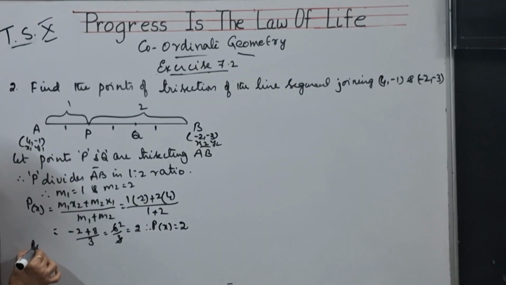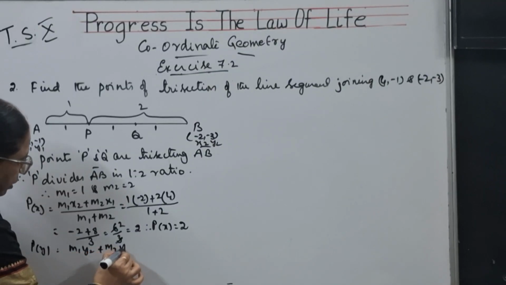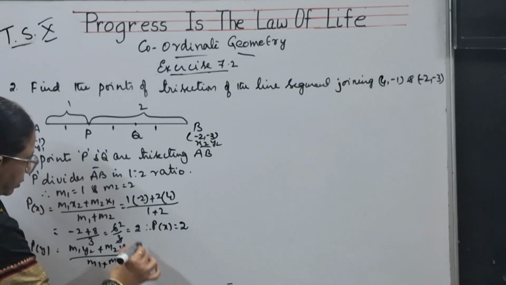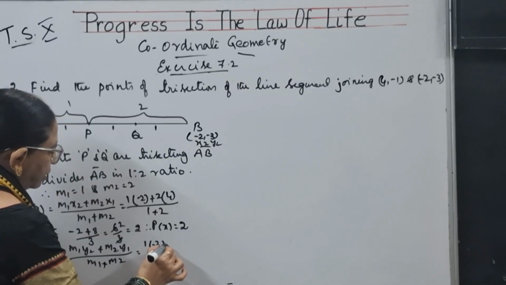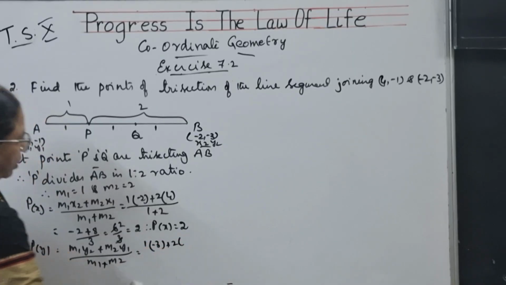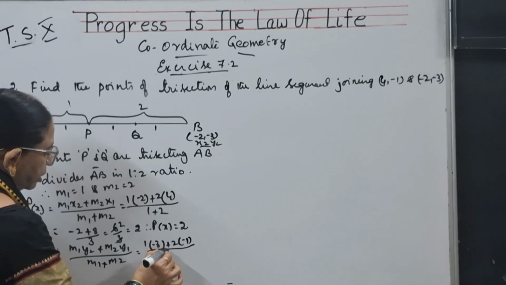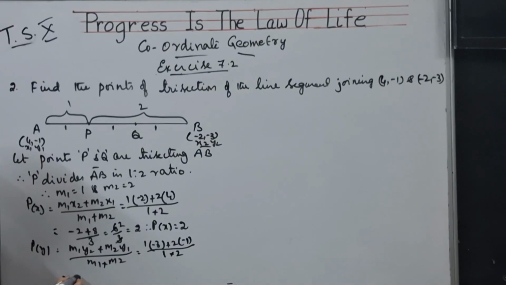So what is P of y? m1 y2 plus m2 y1 by m1 plus m2. That is m1 is 1 into y2, minus 3, plus m2 is 2 into y1. What is y1? Minus 1, by 1 plus 2. So how much am I getting? Minus 3 minus 2 by 3.